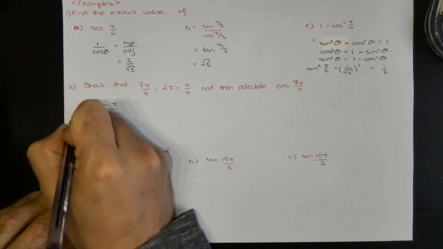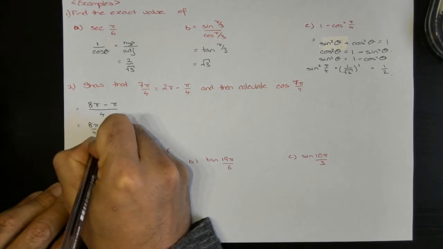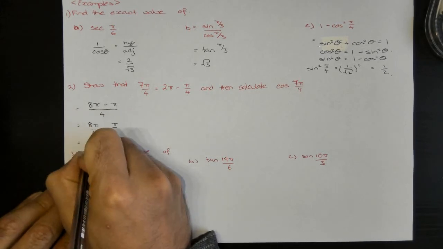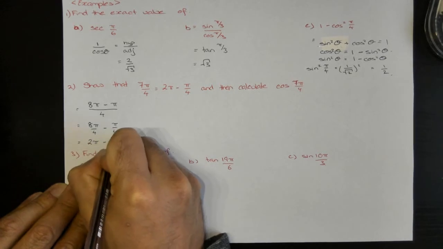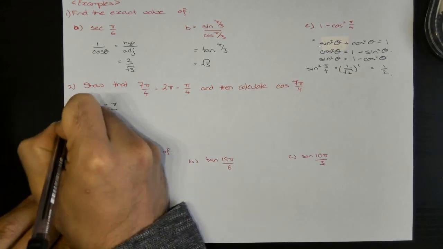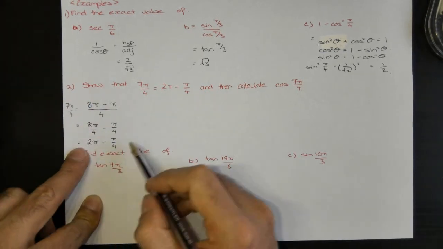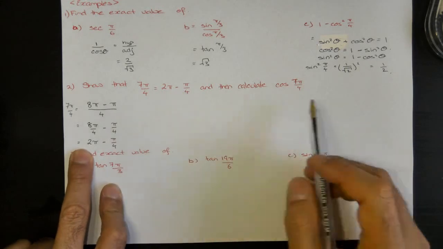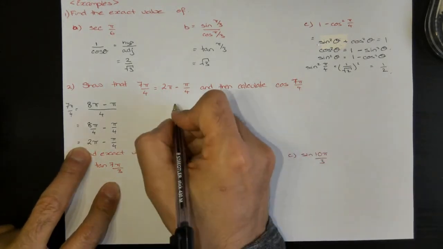So that's the same as 8 pi on 4 minus pi on 4, which, simplifying that, is 2 pi minus pi on 4. So 7 pi on 4 is the same as 2 pi minus pi on 4. If I want to then calculate with 7 pi on 4, I think of it this way.